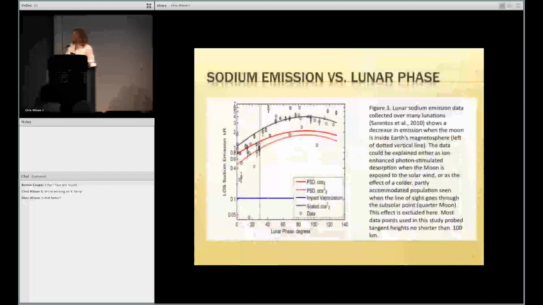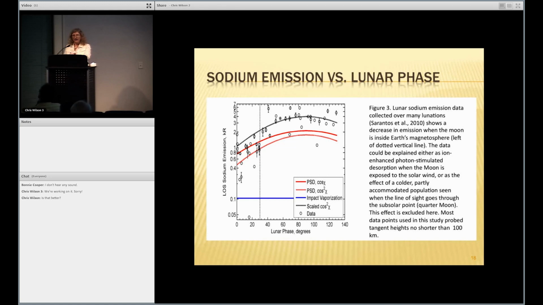This is some work that Menelaus did, and the portion of this graph to the left of the dotted line is when the moon is inside the Earth's magnetosphere. And you can see that the upper dashed black line is the model for photon-stimulated desorption.